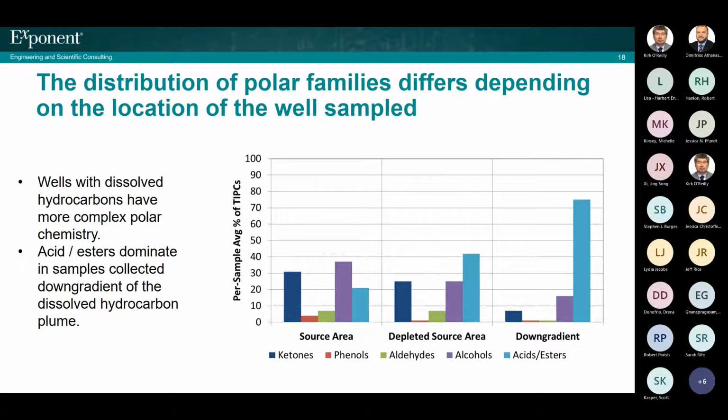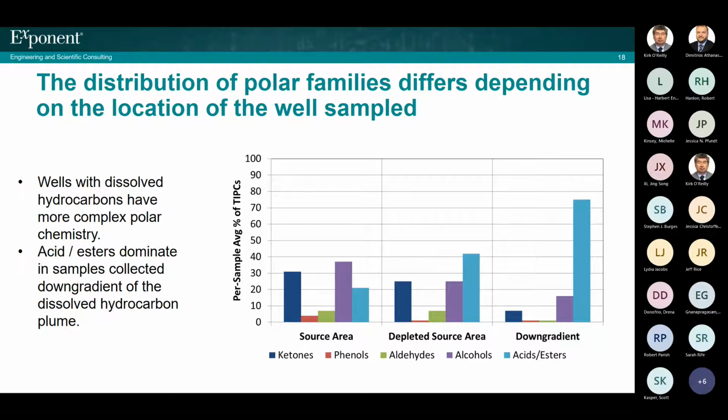Real simply, what we found looking at 100+ service stations and marketing sites is that near the source zone, where there's still hydrocarbons, we have more compounds earlier in the pathways, more of the ketones, maybe we see some phenols. But as you get down gradient, we get more and more of the organic acids.